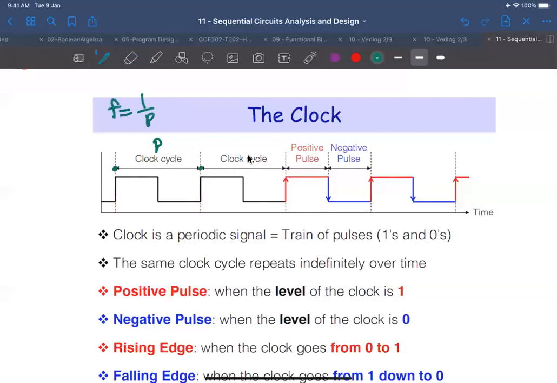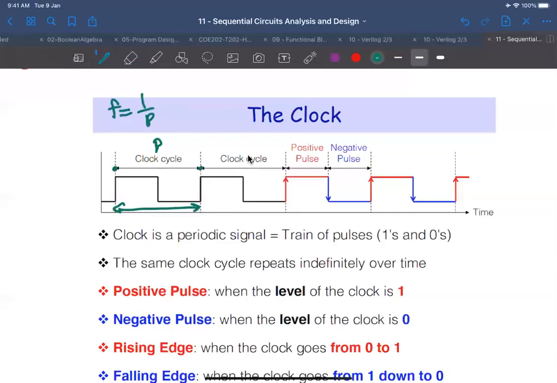It means how many cycles per second the clock has. This is the definition of the frequency. And the period is how much time it takes for one cycle. So these are called the period and frequency of the clock.